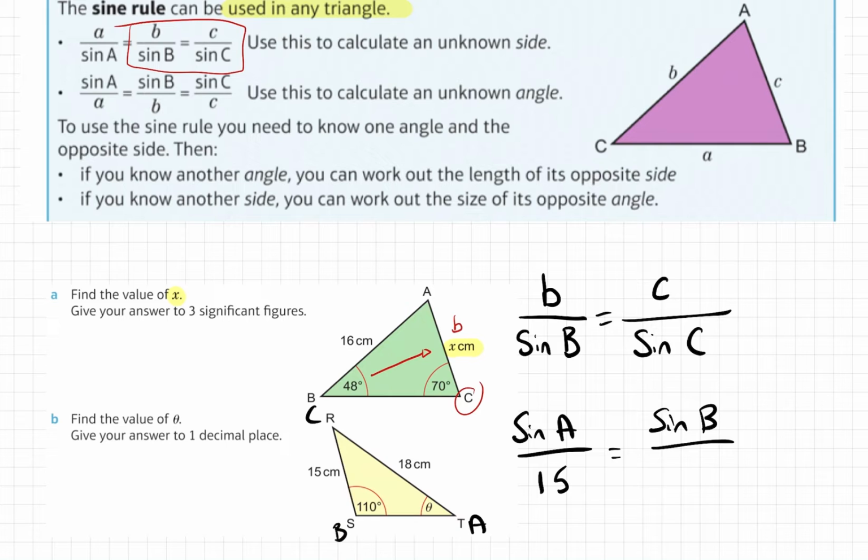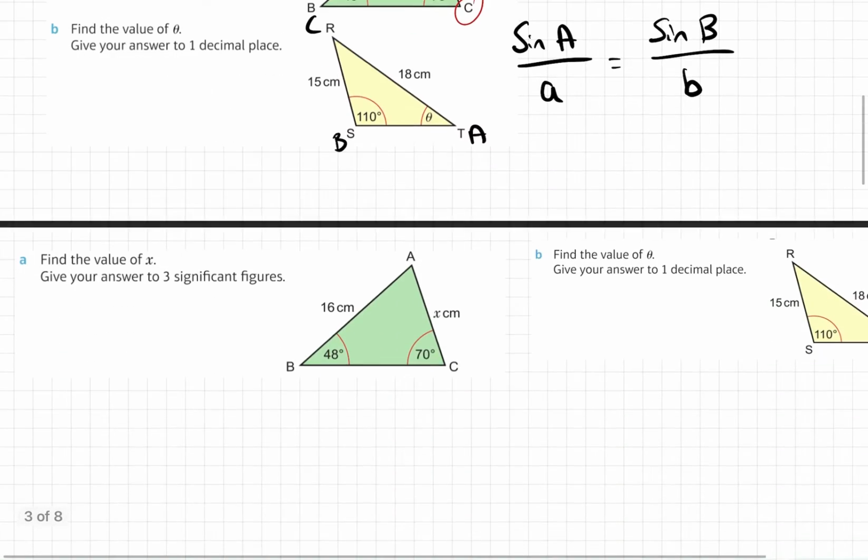I'll fix that to use the letters. I'm just showing you what rule to use for now. So that's little a and that's b. Right, let me show you the method with these two questions then.